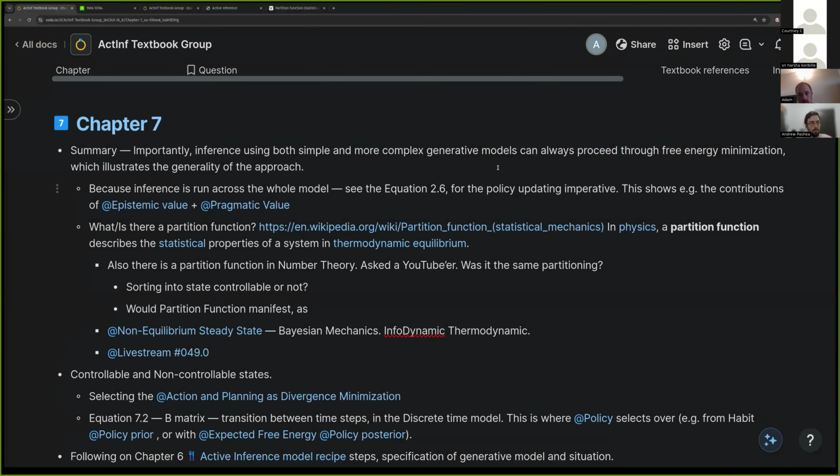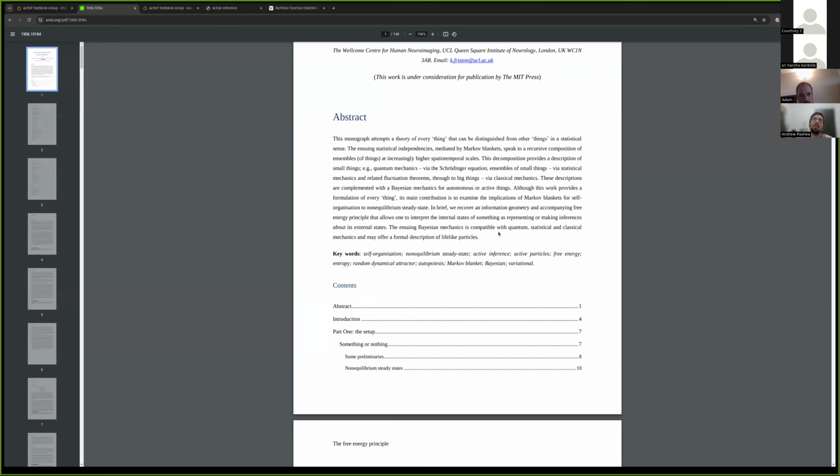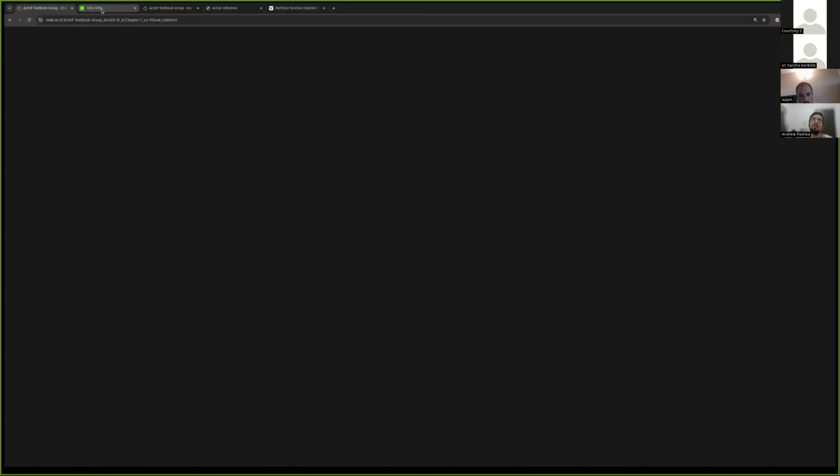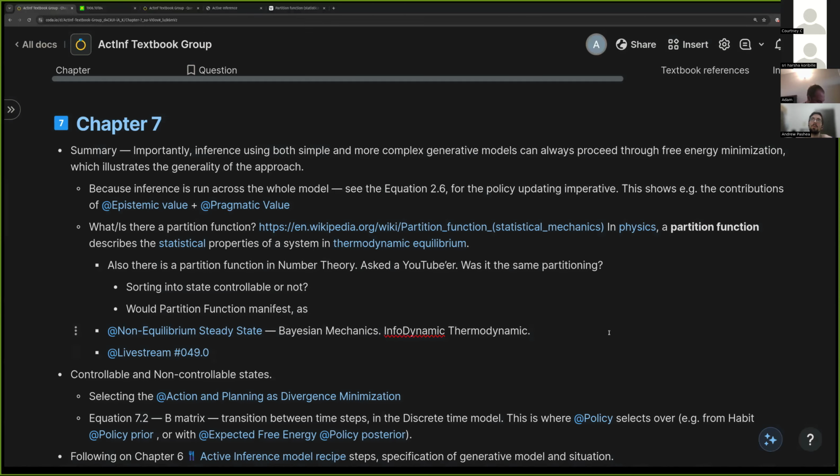I'm trying to figure out how to phrase that well. I would just refer to the breakdowns of variational and expected free energy, I suppose.